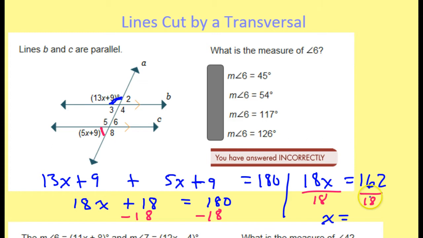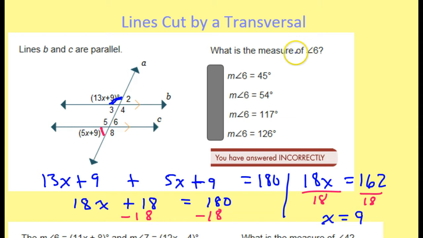I'm just going to put this in my calculator real quick. So 162 divided by 18. That's 9. Now, this is not the answer, and they were nice and did put this up there as one of the choices. This is the value of x.